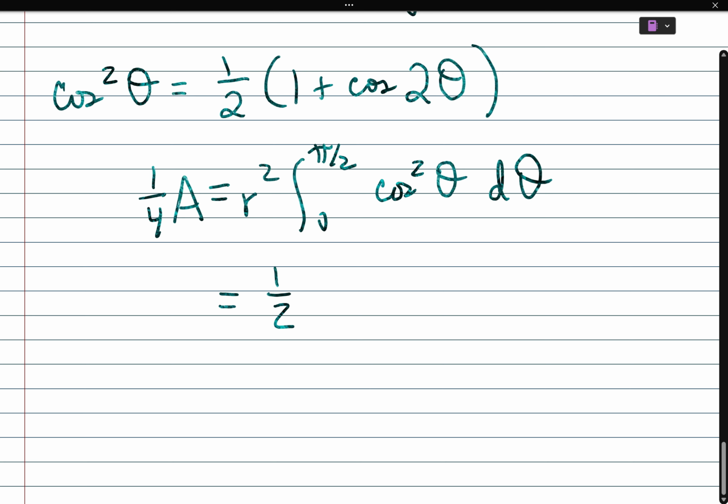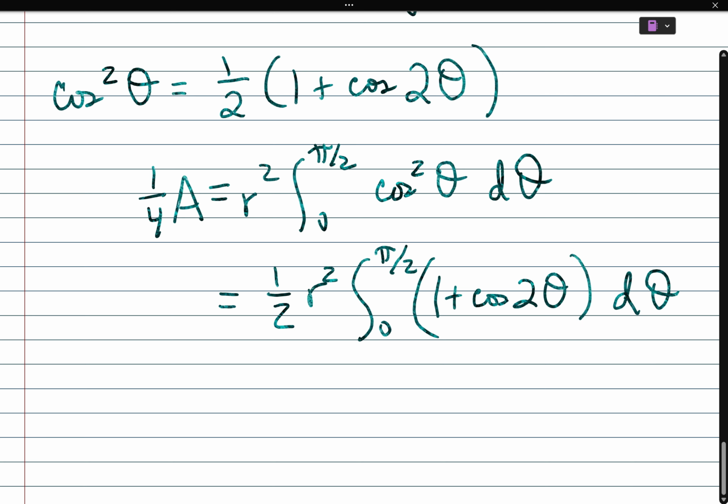Okay, and then that's going to equal 1/2 r squared times the integral from 0 to pi over 2 of 1 plus cosine 2 theta, right? So we said that we were going to integrate by means of the identity, so we're using the identity here to help us integrate.